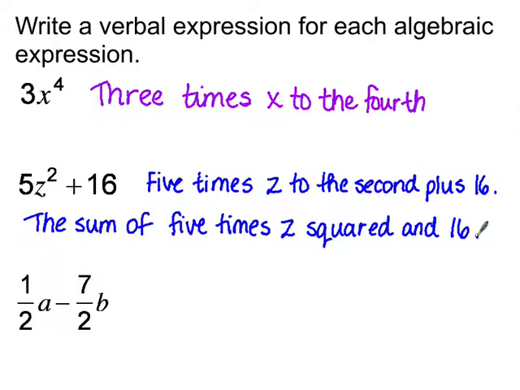Because what do we know sum means? Plus, right? So you could do that. You could even do 5 times z squared plus 16. The sum of 5 times z to the second power plus 16. So do you see all the different things you can have? All right, let's look at the next one. How do I read this first part, or this first term?